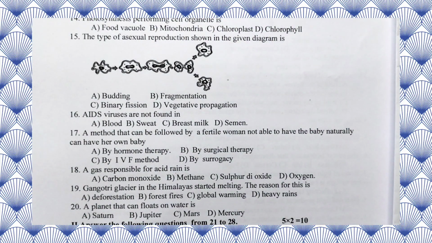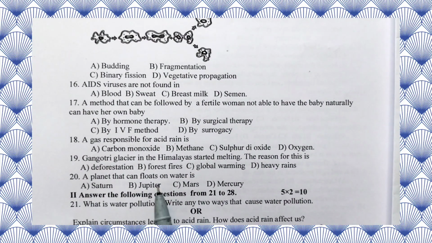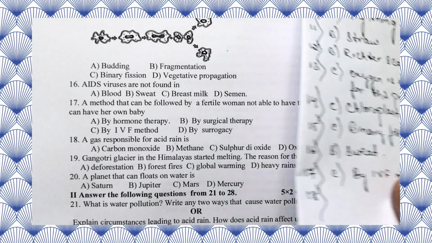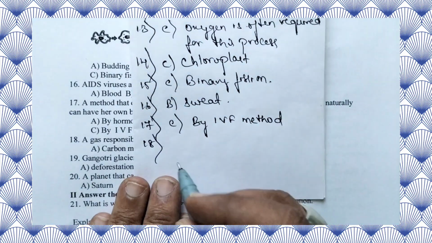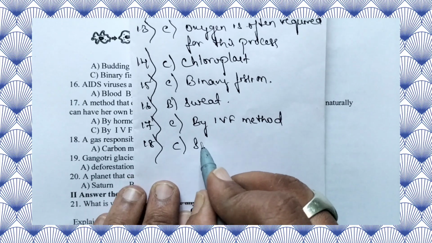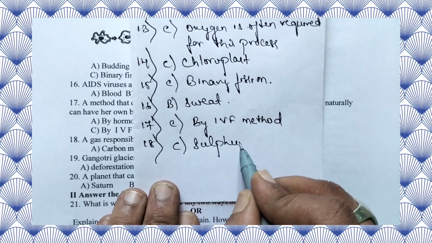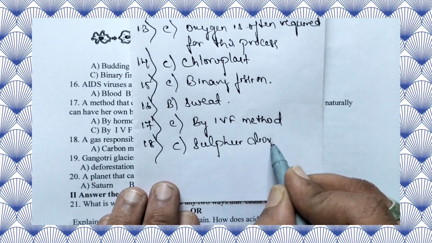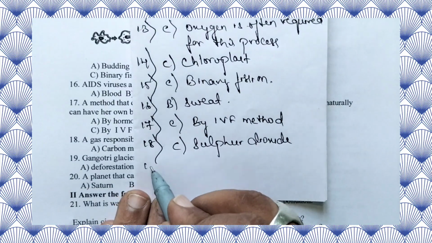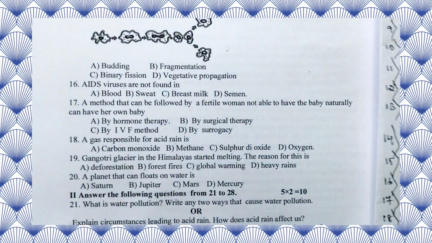Now let us move to 18. A gas responsible for acid rain: carbon monoxide, methane, sulfur dioxide, and oxygen. The right answer is option C, sulfur dioxide. Now let us move to the 19th question.